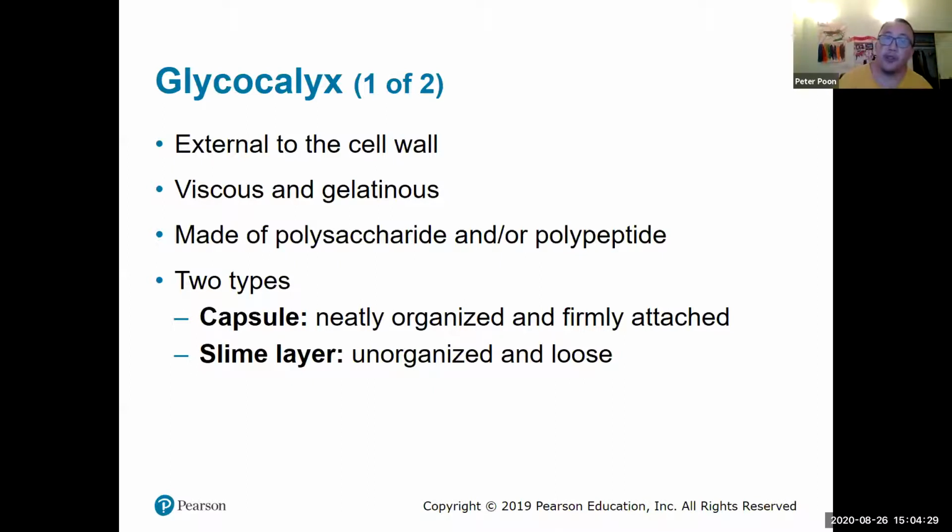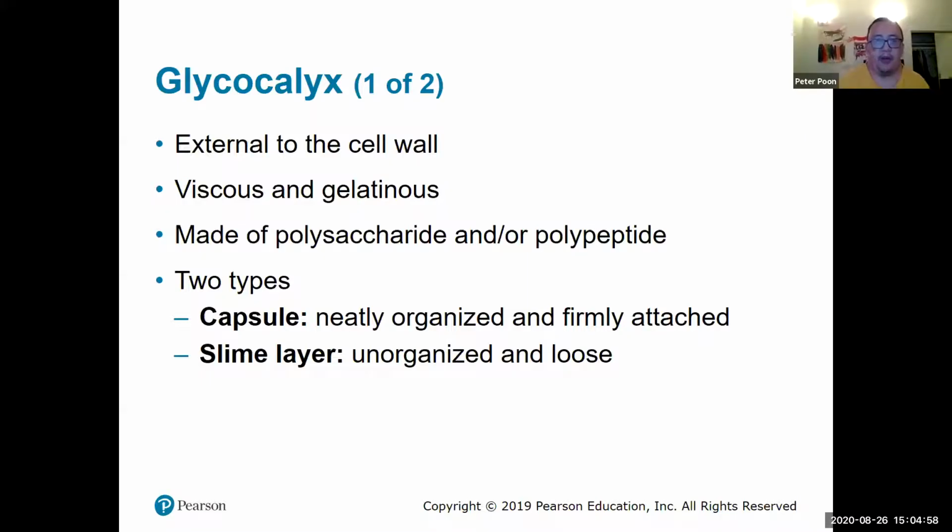Glycocalyx. Glyco, sugar. Calyx means kind of a vessel. So external to the cell wall, like a sugar vessel.